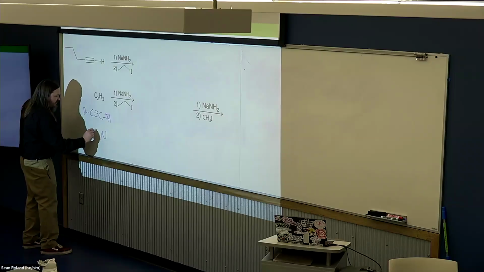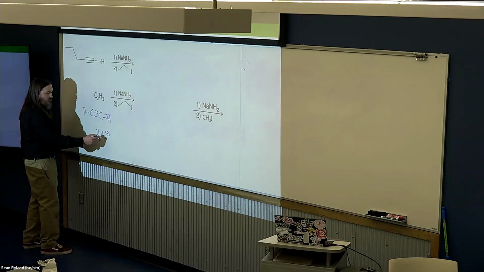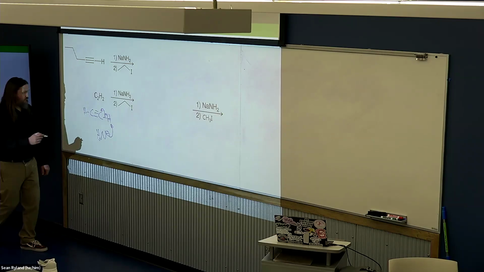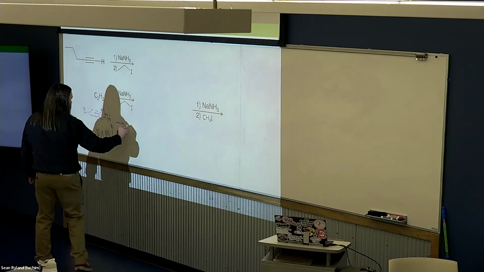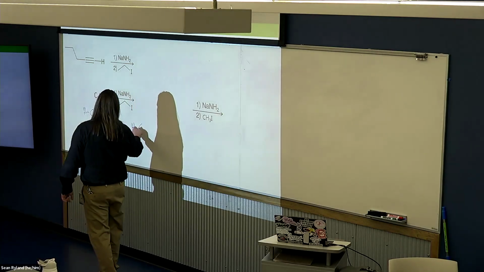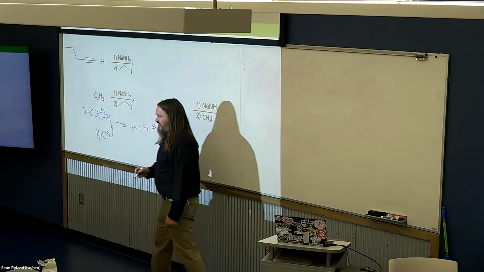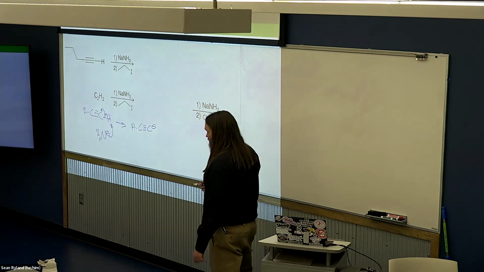So we have NH2 with a negative charge. It's really strongly basic. So it grabs that hydrogen, and the carbon holds on to the electrons. So it's just a proton transfer step. Which then leads to this.